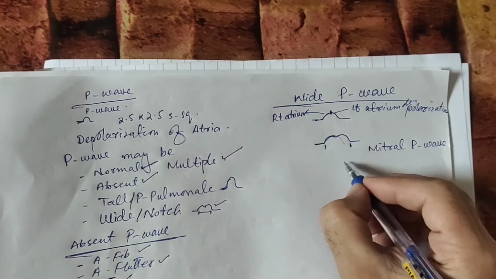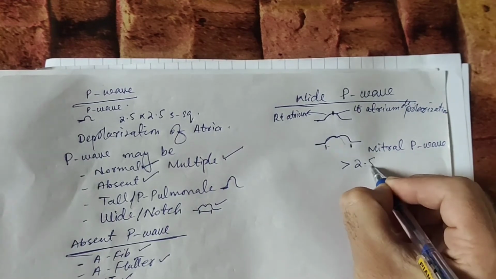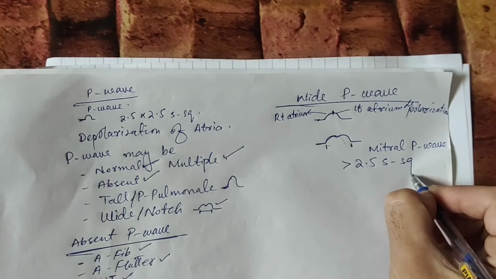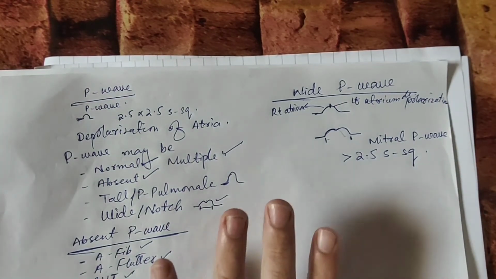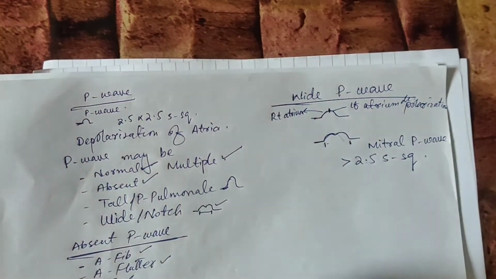It is wider than 2.5 small squares. So here is the wide P-wave, also called notched or bifid.